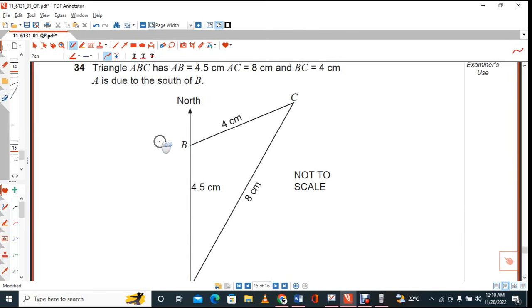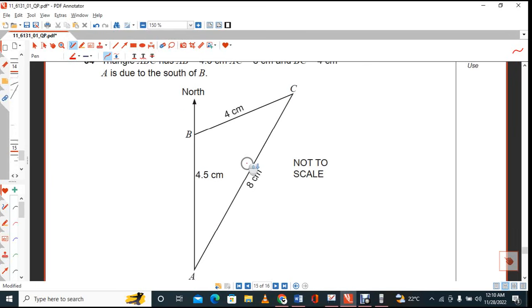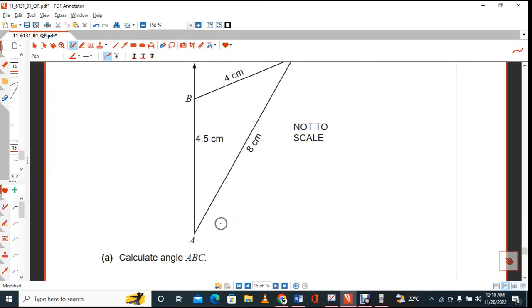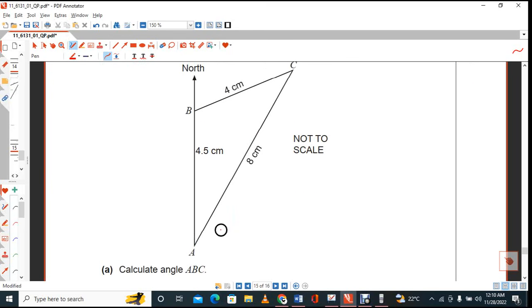The last question here, a triangle. I'm just going to make it a bit smaller. It has AB 4.5 centimeters, AC 8 centimeters, BC 4 centimeters, A is due south of B, and you calculate angle ABC. This is the angle they are talking about. We need to use the cosine rule.